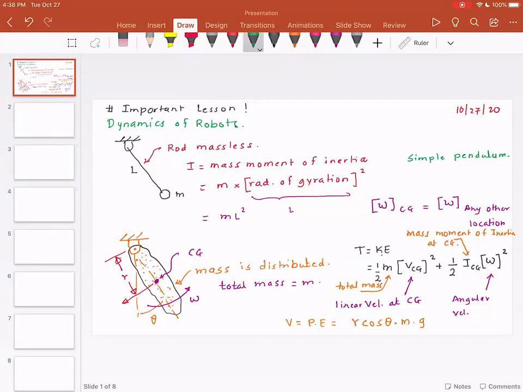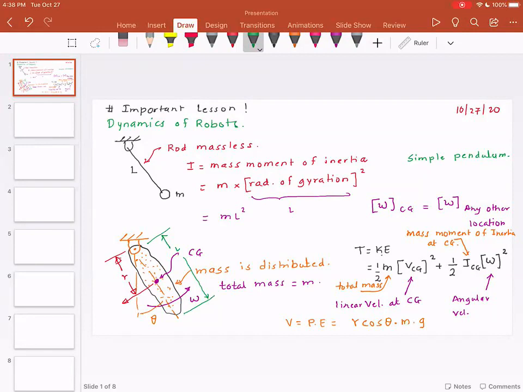Say the total length of this irregular object may be L, but this L does not come into the picture whenever we derive the kinetic energy or the potential energy. This is super important.